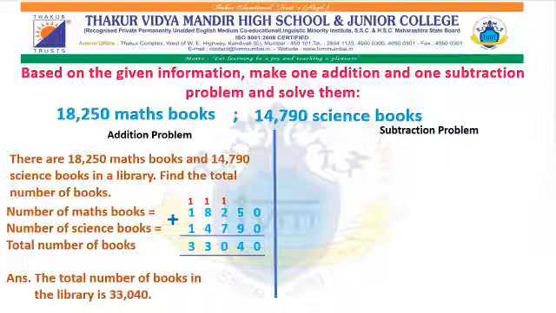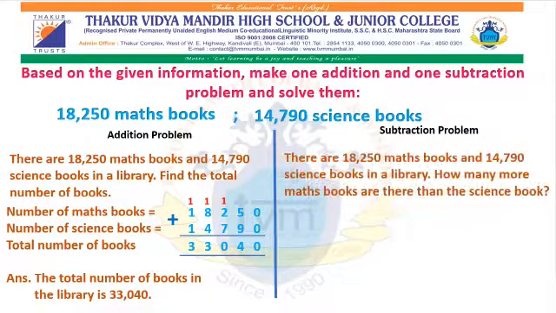The first sentence will remain the same in the word problem. That is, there are 18,250 maths books and 14,790 science books in a library. As it is a subtraction word problem, I will change my second sentence. That is, I will write how many more maths books are there than science books.